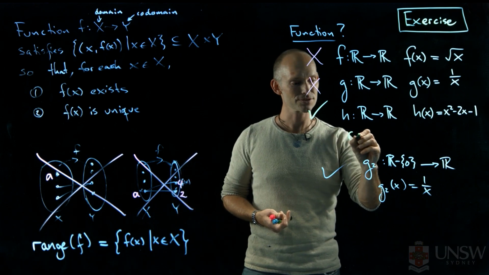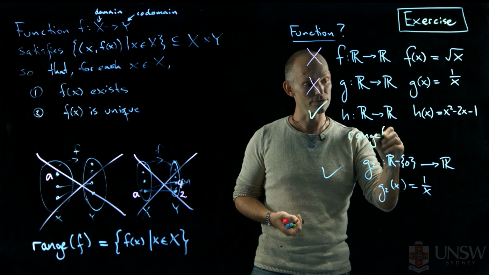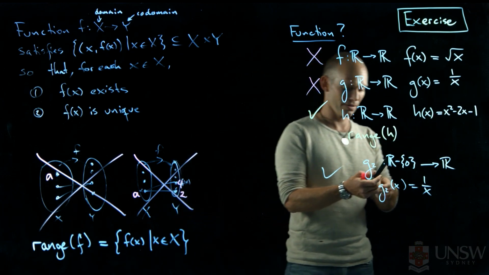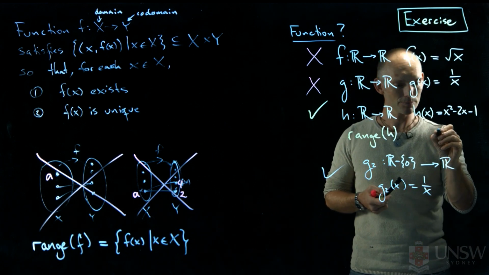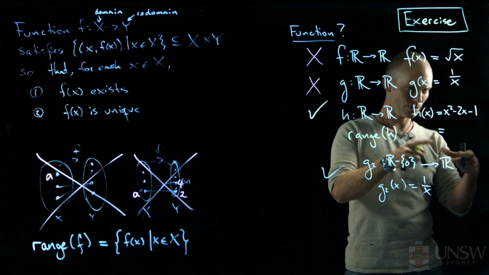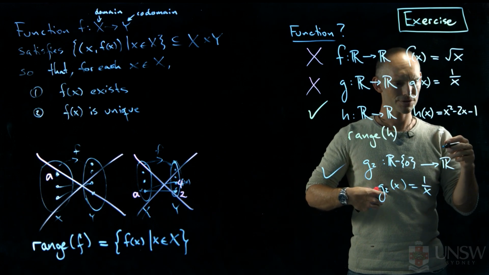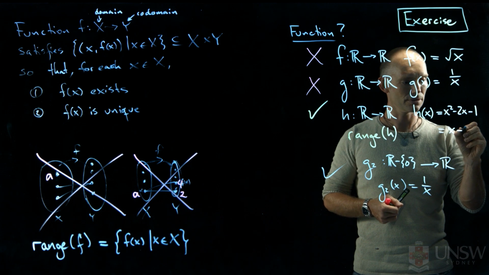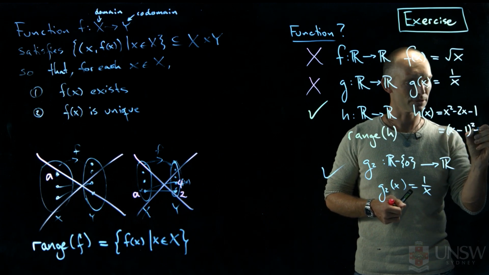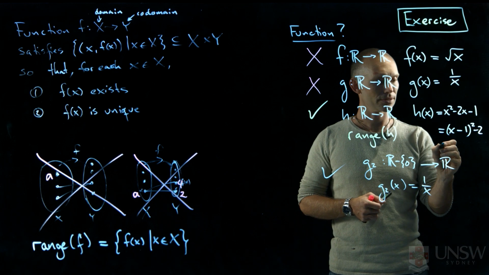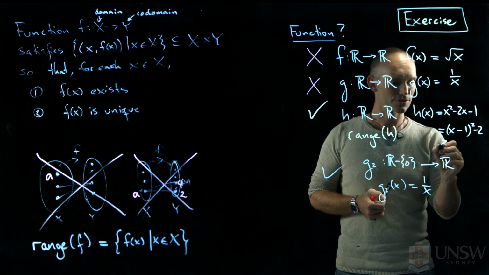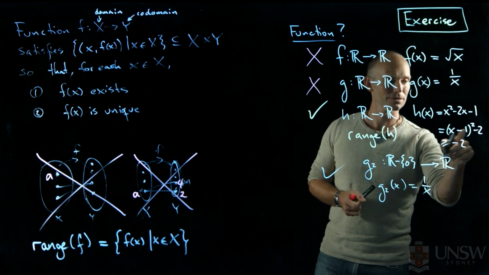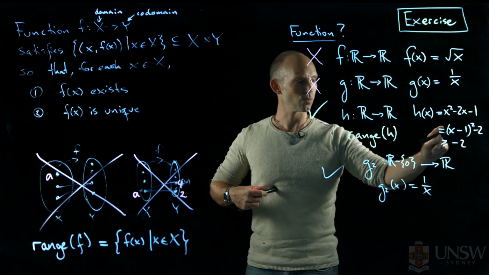And the range of h, that's all the function values there. And I might just explain how to find them. You can sort of recognize this as x minus 1 squared minus 2, and that's greater than or equal to minus 2, and in fact it's equal to minus 2 when we plug 1 into it.